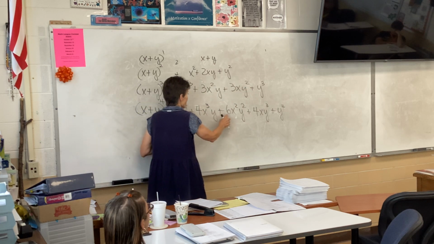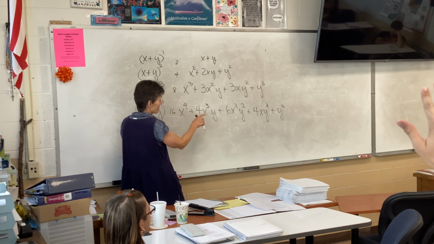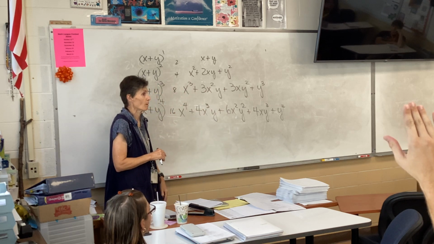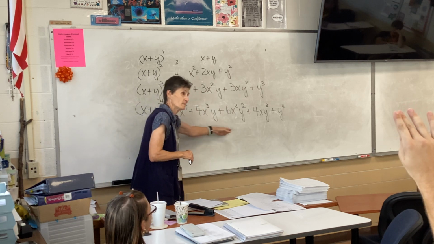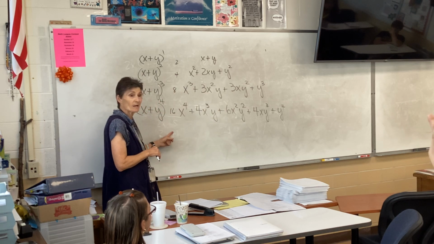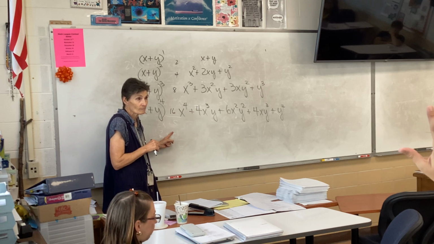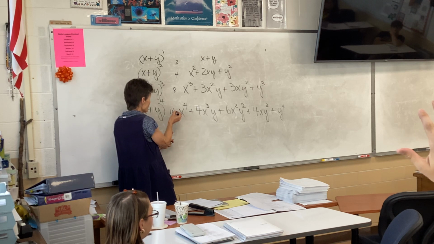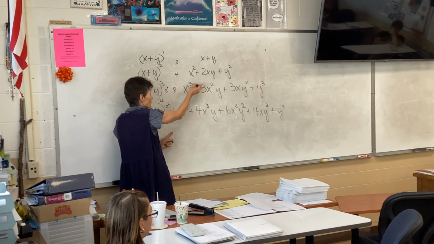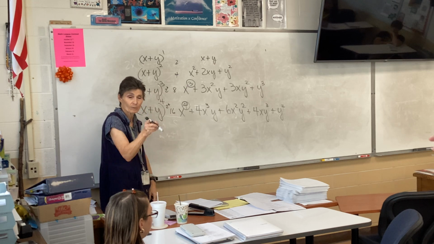And 1 and 4 and 6 and 4 and 1 hopefully adds up to 16. Right? It's a super observation. So I don't know what x plus y to the 5th would be, but the coefficients are going to add up to 32, which is 2 to the 5th. This is 2 to the 4th, this is 2 to the 3rd. Okay, what else?